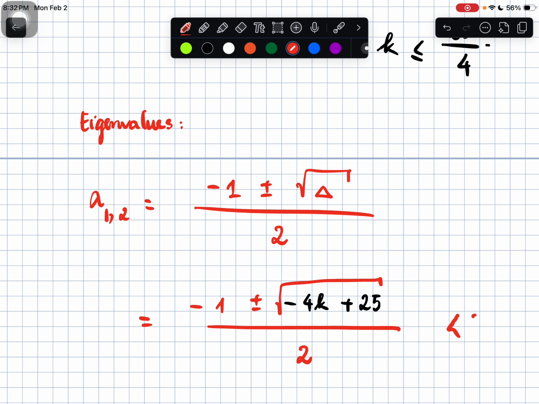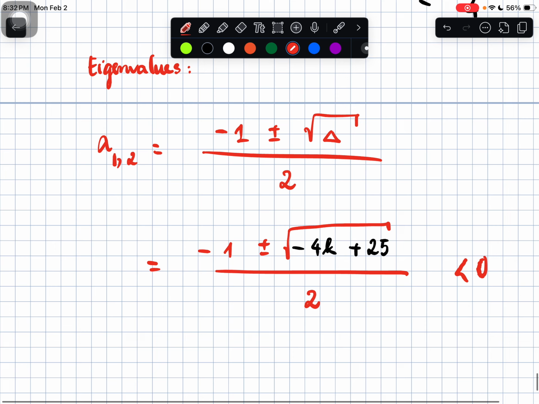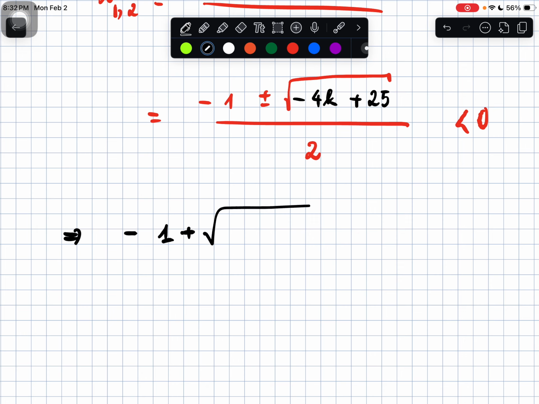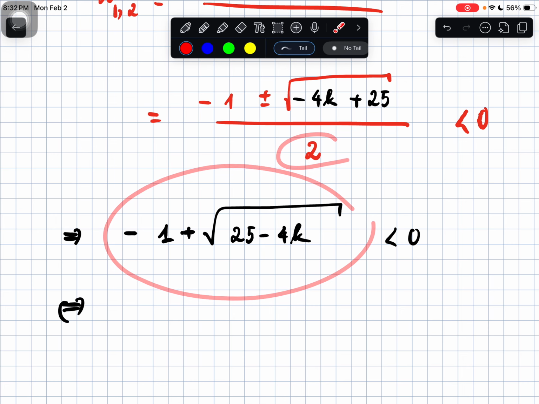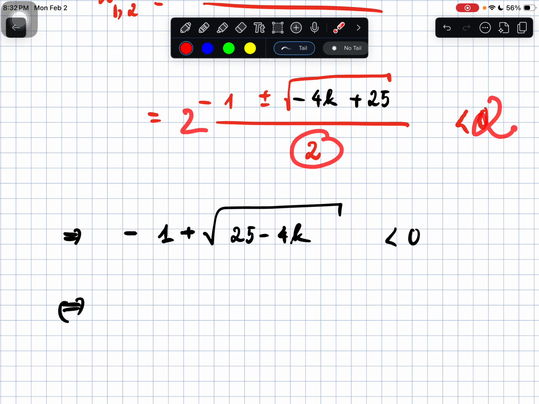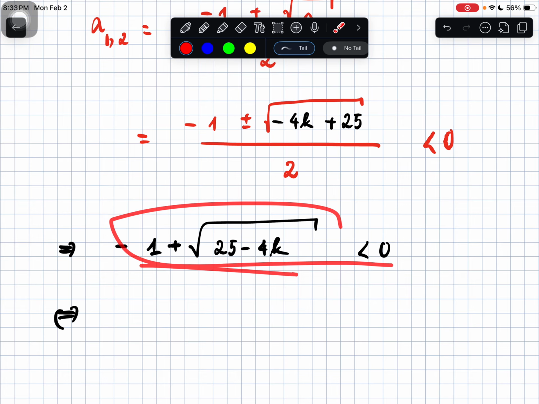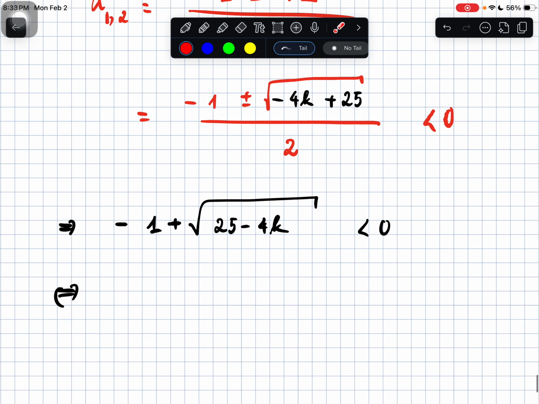We want lambda 1 and lambda 2 to be negative. So we just need to check that the bigger one is negative, then the smaller one will also be negative. So minus 1 plus root 25 minus 4k is negative. Multiplying by 2, we need the numerator less than 0. This one is bigger than minus 1, so if it is less than 0, then the smaller one will also be less than 0.